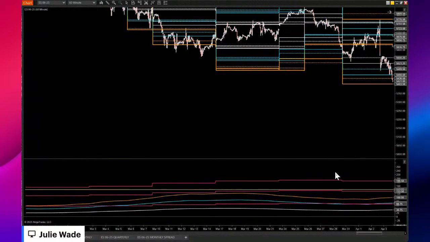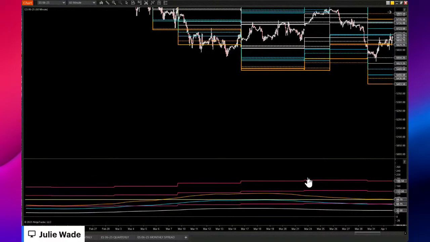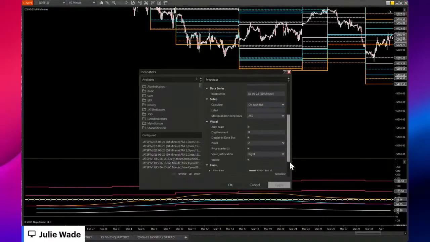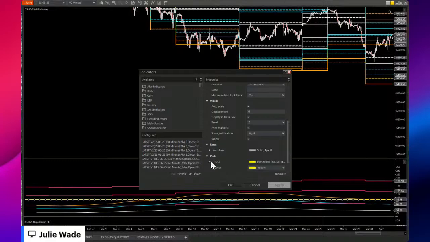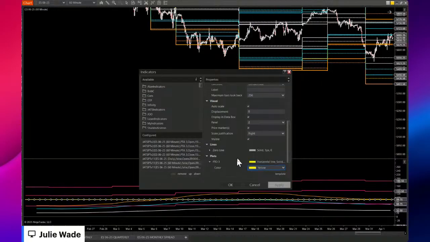it's way outside. Where did it go? Right here. I need to make this not a horizontal line. I need to go ahead and make it a regular line so we can see this. Oops.